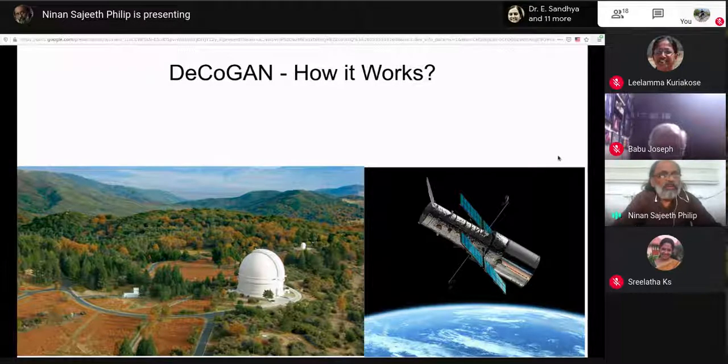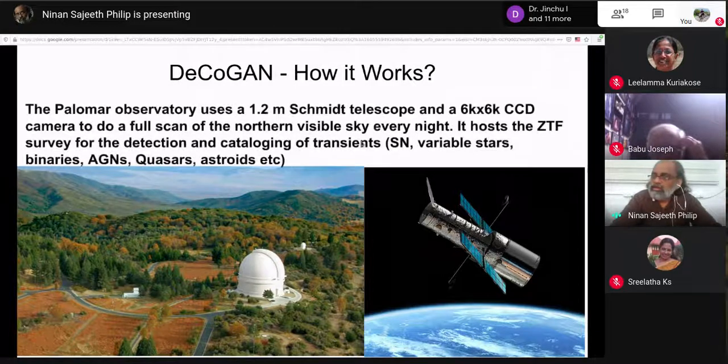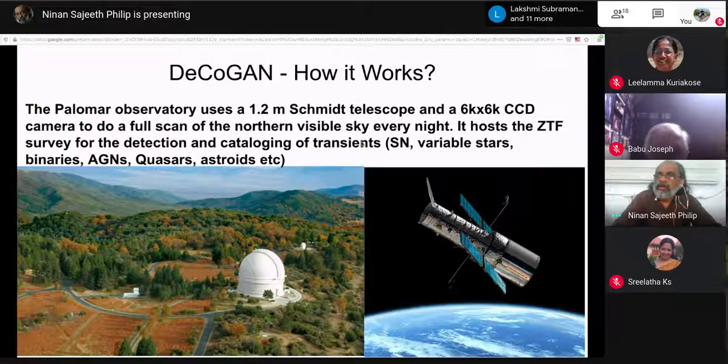Now, what we are trying to do is, at Palomar, this is a 1.2 meter Schmidt telescope. We have a 6 by 6 kilobyte CCD camera to do a full scan of the northern visible sky every night.